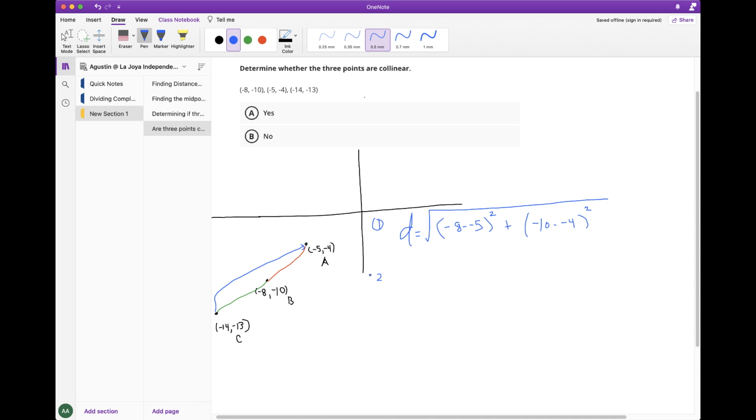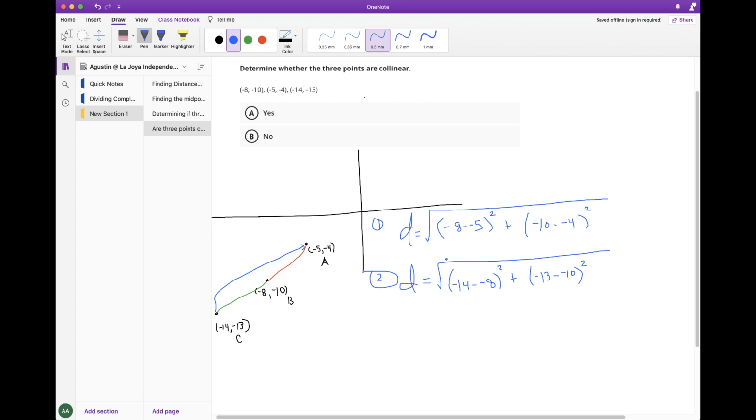Now the second one is from C to B. So -14 minus -8, plus, and we need to worry about setting this up correctly, -13 minus -10, squared. So that's the first two.